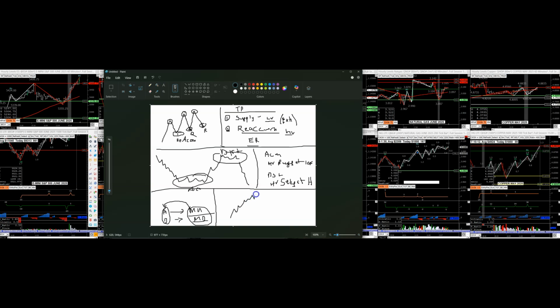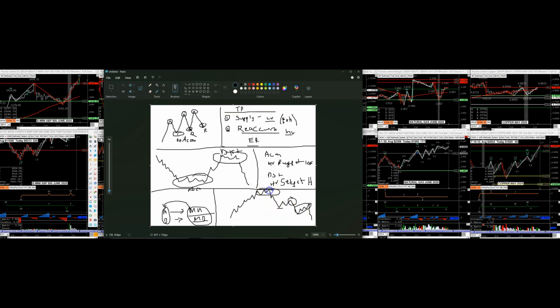If you have this, right, boom, there was distribution up here. So this is relative to the trend. But this right here is also distribution, but it's called redistribution because it's a high relative to this low.